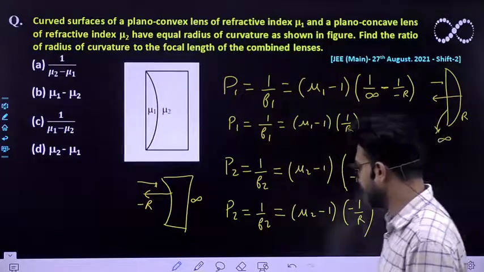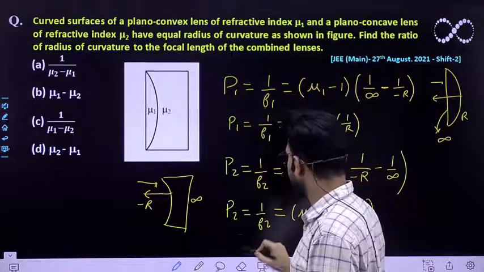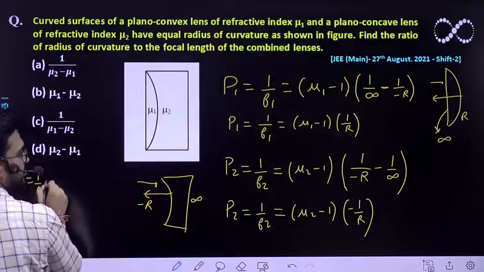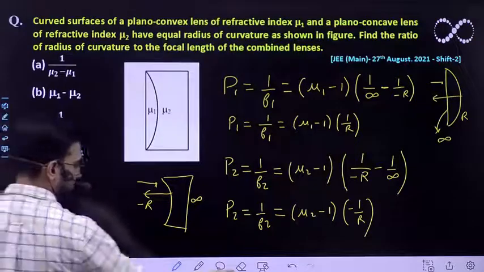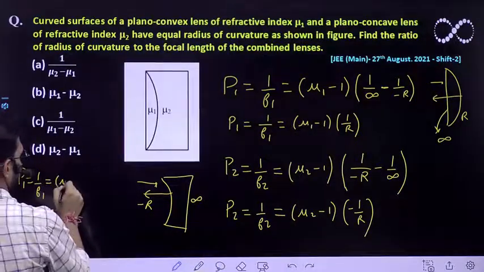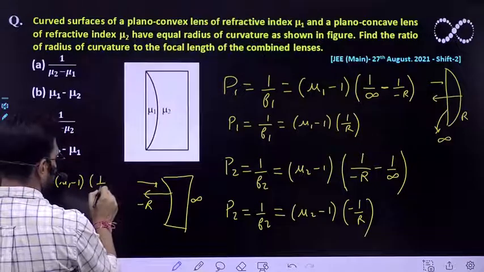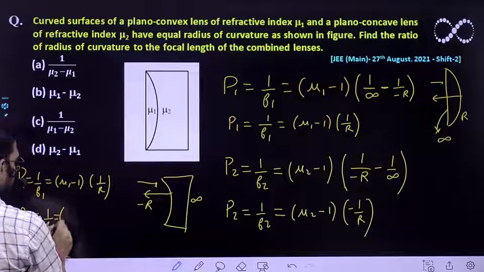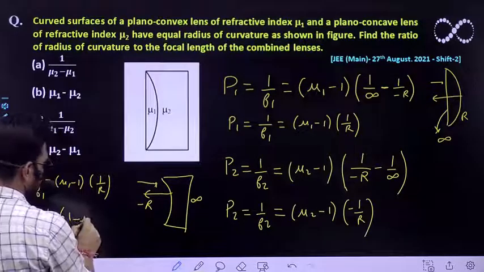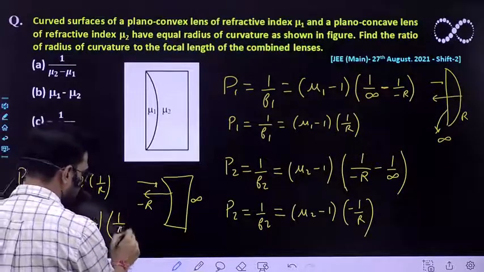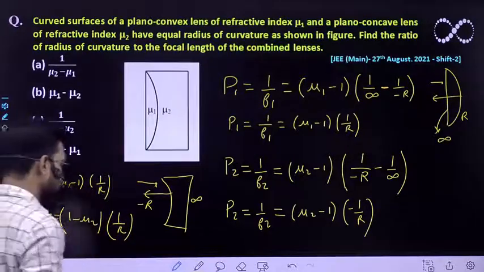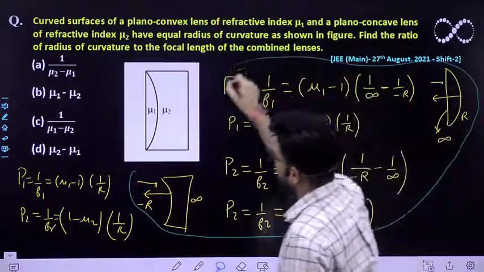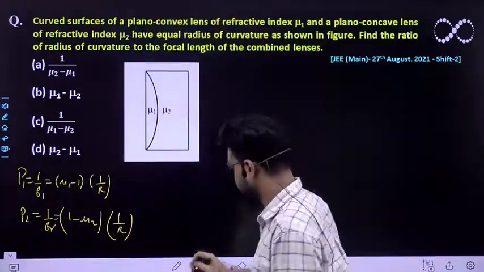So you can easily write p1 is 1 upon f1, which is equal to (mu1 minus 1) times 1 upon r, and p2 is 1 upon f2, which is equal to (1 minus mu2) times 1 upon r, because this term is negative, so it can go over here. So finally you will get this expression. Let me just clean it up so that we can do the further calculation.